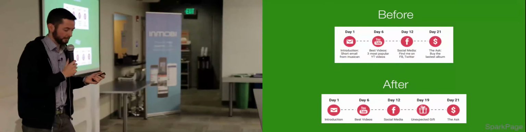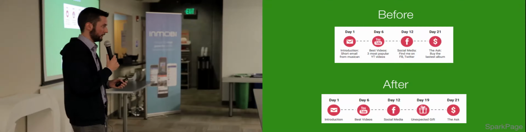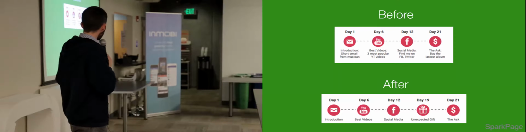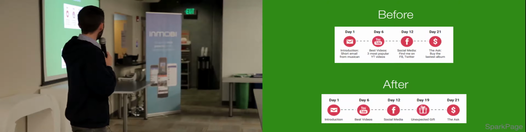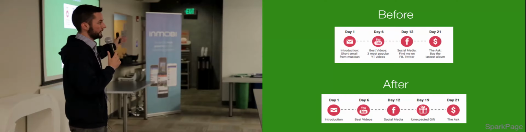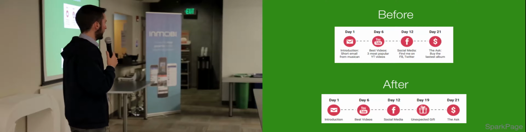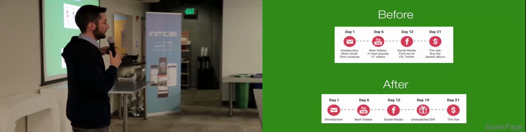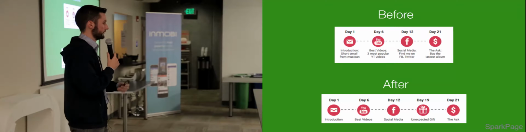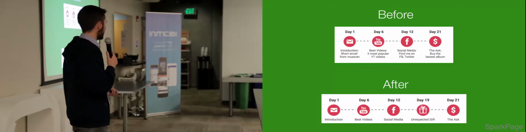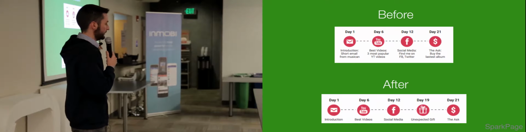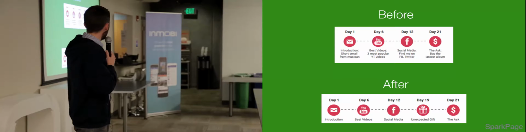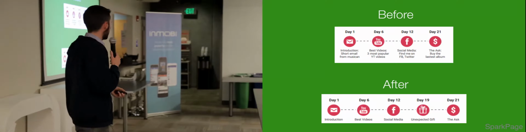So here's a neat little thing we found, just a little trick for you to try. On the top row here, and I'll breeze through it quickly, we're talking about a sequence of messages we sent over a couple of days. This was introducing somebody to a new music artist. So when they signed up to a musician's newsletter, it said, here's an introduction to the musician, and then 6 days later send them some YouTube videos, and then, hey, like me on Facebook, and then here's my album, would you like to buy it?